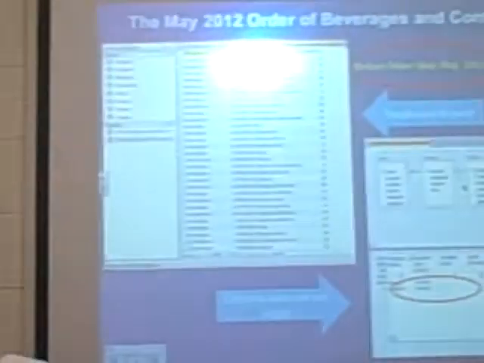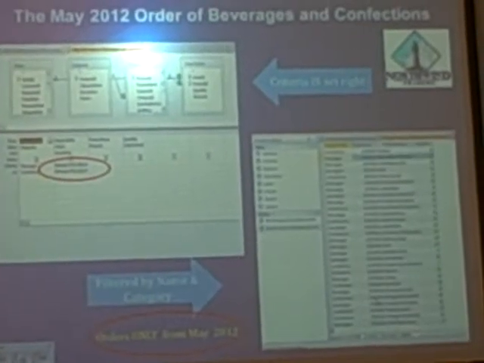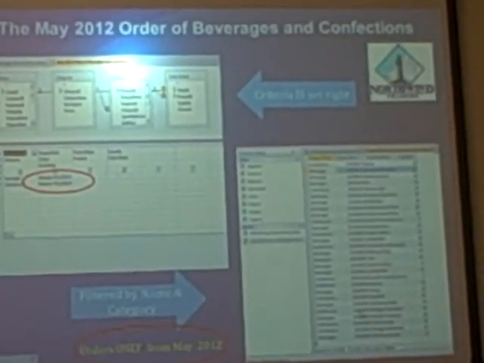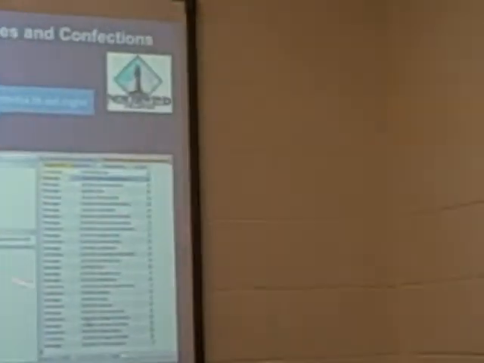This is the unaltered report. Then we find out that the criteria wasn't set up right, and once we fix the criteria for the month of May, it fixes our problem.